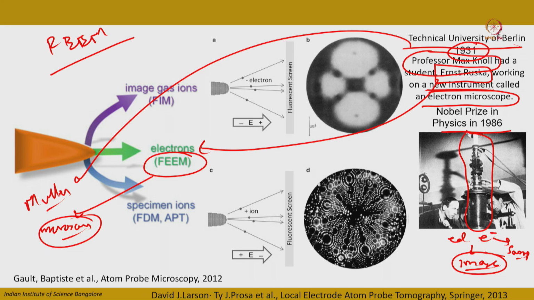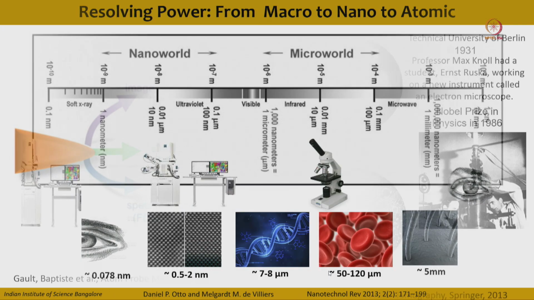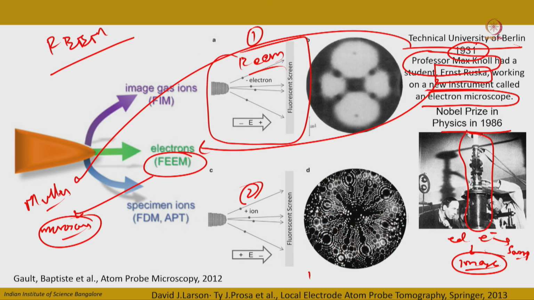So here there are two cases, the first and the second. This one is related to FEEM, and this is related to FIM, field ionization microscopy. You can see the comparison of the images between these two.